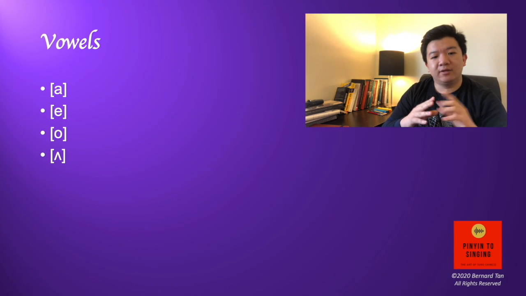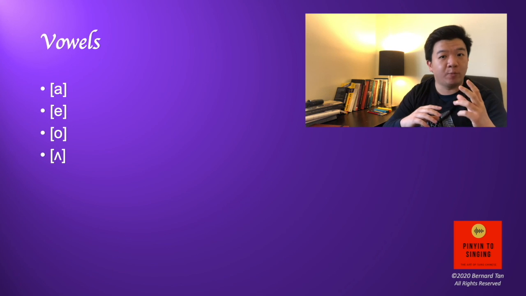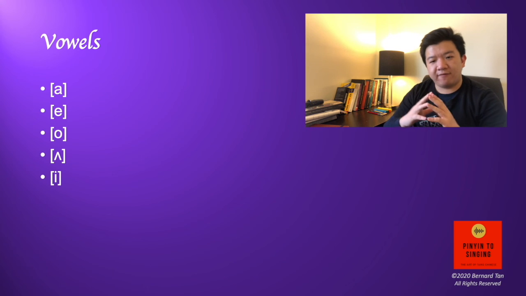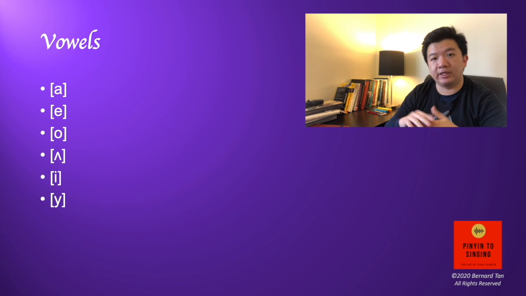sound. And this symbol is an open version of schwa, which I use in sung Chinese because native Chinese speakers would sing this vowel instead of the very neutral one. Going down the list, we have E, and then next we have the mixed vowel, Ü, which we can find in German and French.